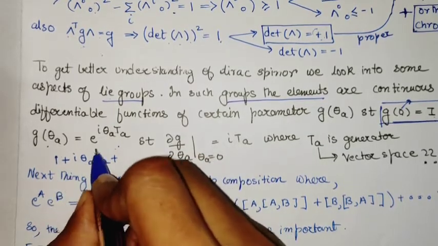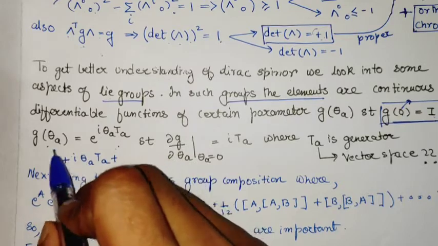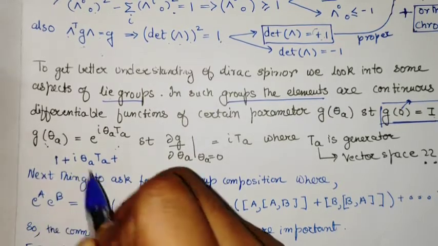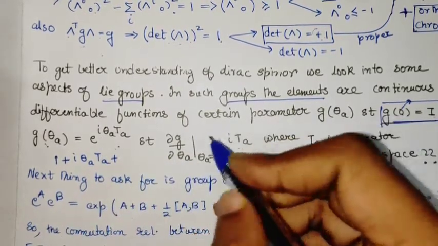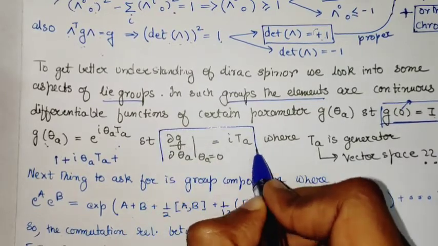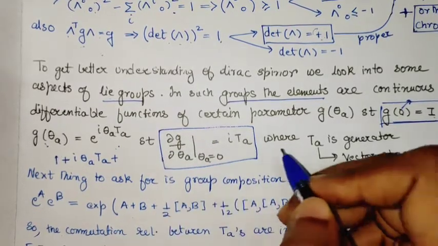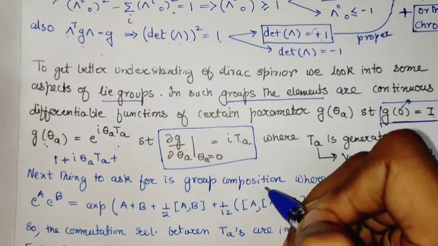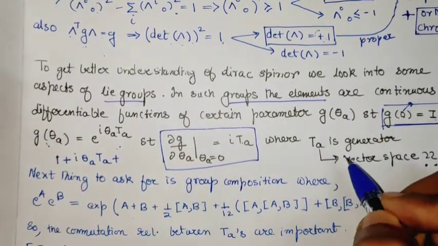But the second term is actually the derivative, because it is the Taylor expansion of this side. So that gives us this criterion for determining the T_A from the group elements.